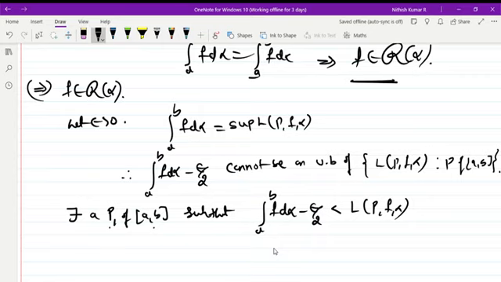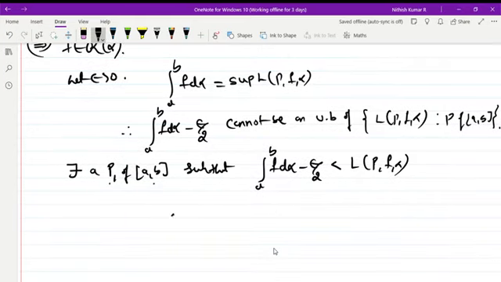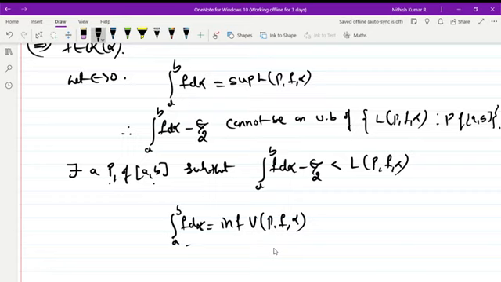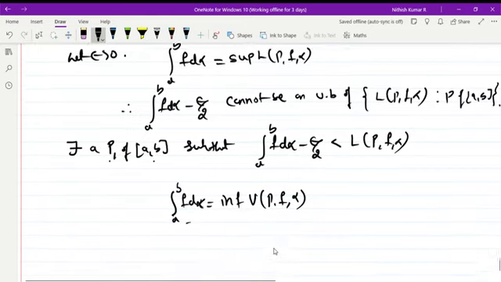Similarly, the Riemann-Stieltjes integral of f d alpha is nothing but the infimum of U(P, f, alpha), the greatest lower bound.